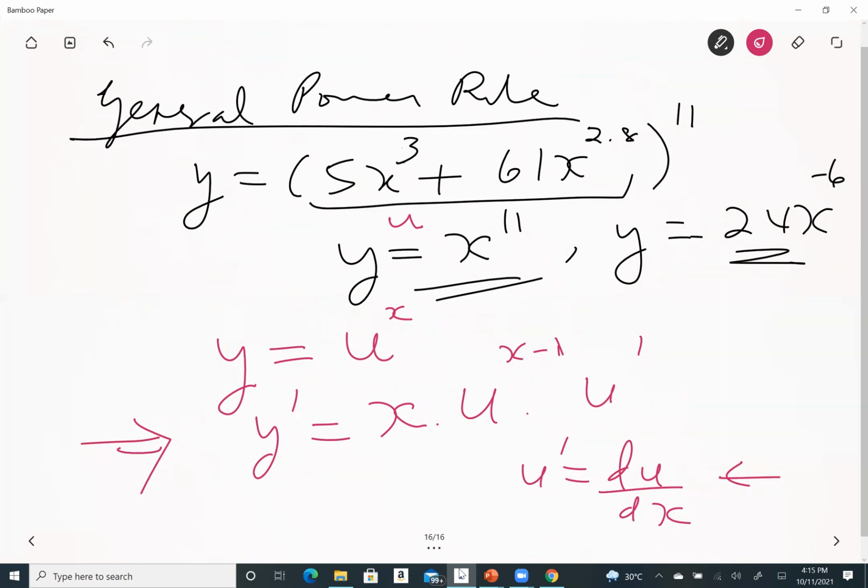So it's not difficult. What you do here, you let u be the terms in the bracket. You find u prime. Go ahead, find u prime, and then we will put it into the formula and get the answer. We need u prime in order to be able to solve that. What is u prime?